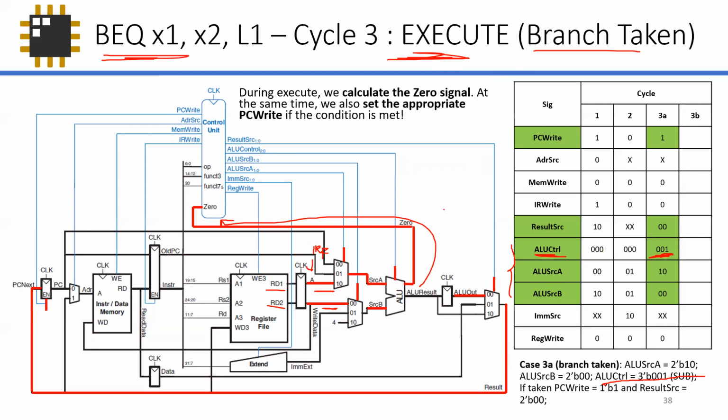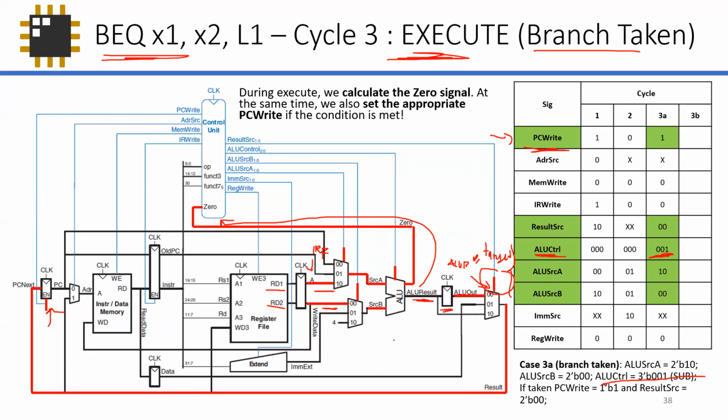If the entire ALU result is 0, and the zero signal is asserted, we do the branch instruction, and then the PC write over here is asserted, as well as the ALU source over here. And take note, the ALUR over here is holding the target address already. It's equal to the target address, which we computed in the decode stage, just in the previous stage, so it is readily available here.